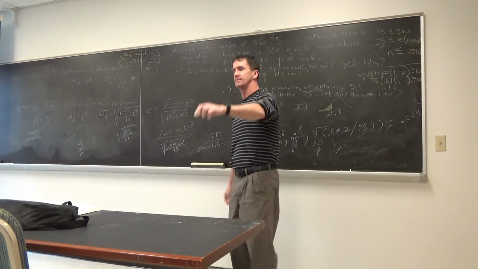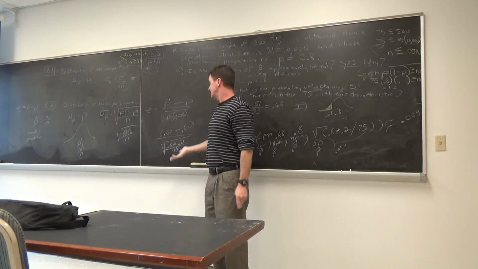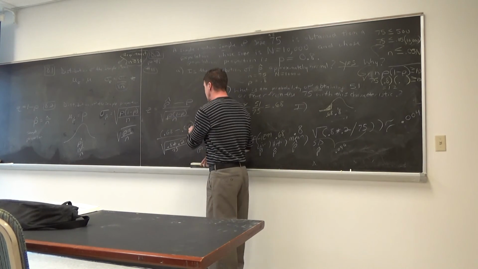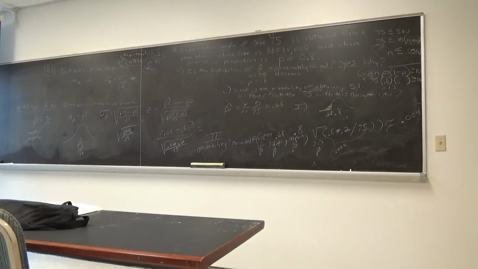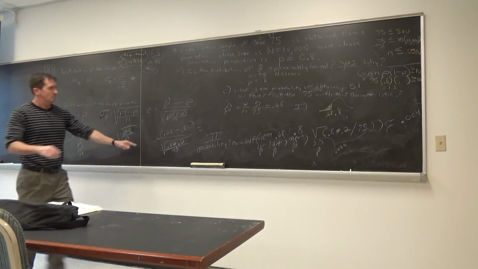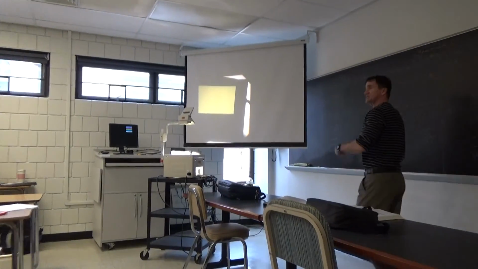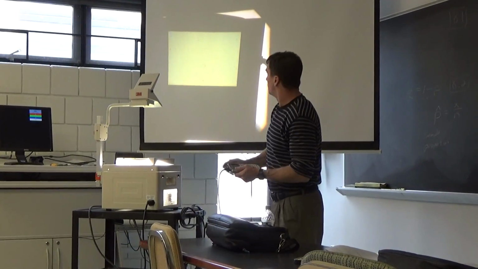I'm fine with that. Everyone okay with that? But Gary, some students actually like to go and get that z and see what it is. And I just want to show you we'll get the same answer. So this is the longer way.